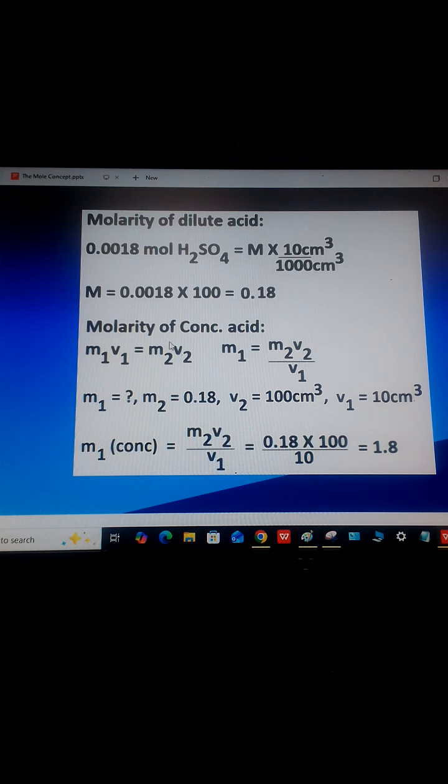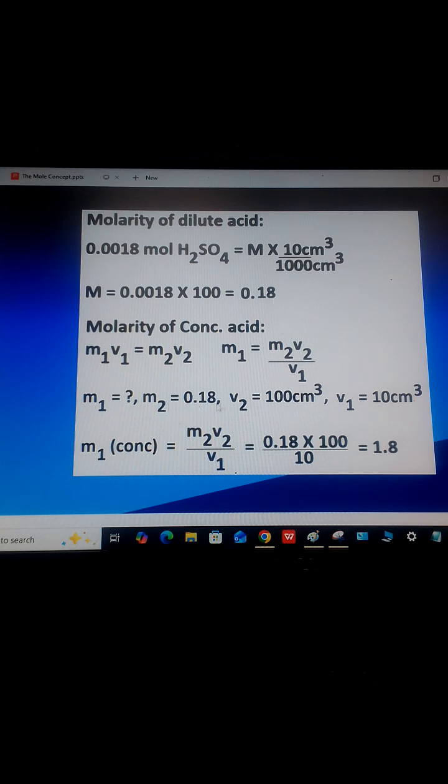Now, we need to find the molarity of the concentrated acid. We saw that molarity 1 times volume 1 is equal to molarity 2 times volume 2. So molarity 1 is equal to molarity 2 times volume 2 divided by volume 1. Molarity 1 is what we need, that of the concentrated acid. Molarity 2 after dilution is 0.18.